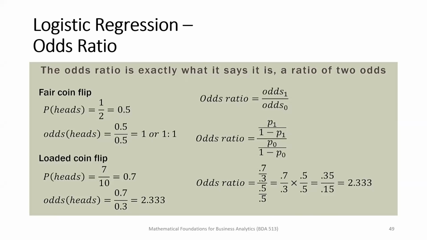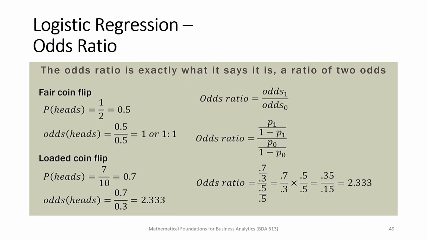It doesn't really matter. So if we take odds 1 to be the numerator, it is the probability of the event occurring divided by the probability of the event not occurring, divided by the odds of the second one.